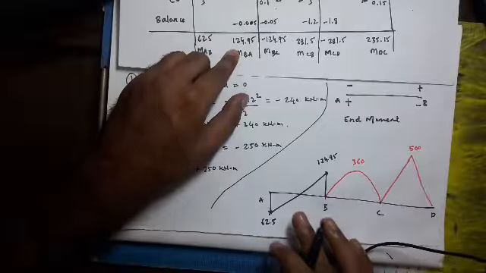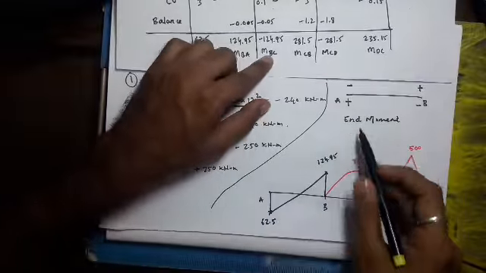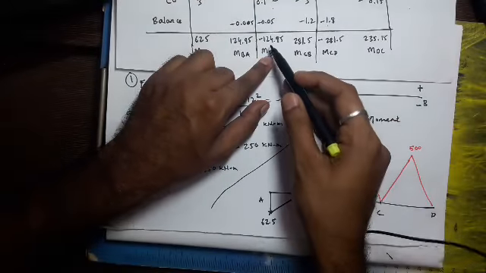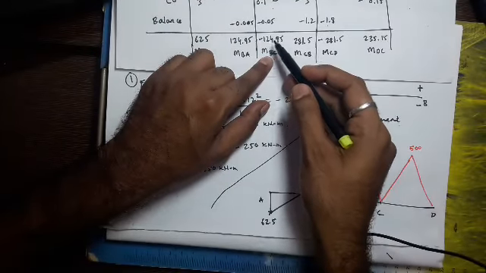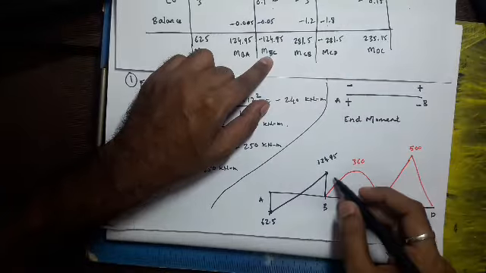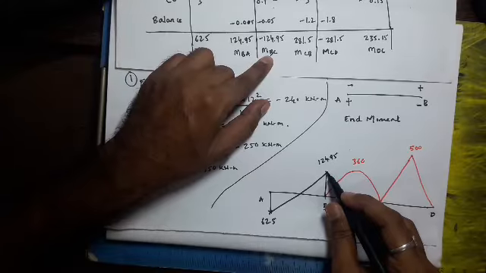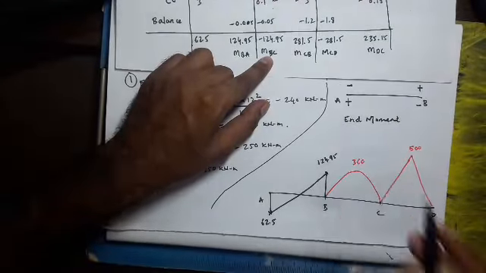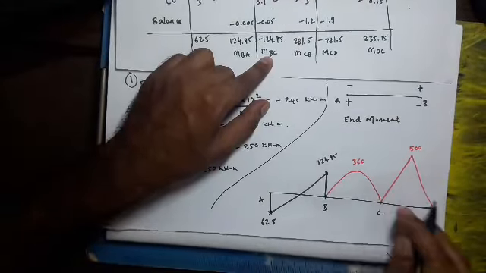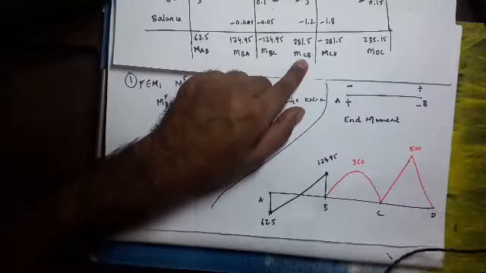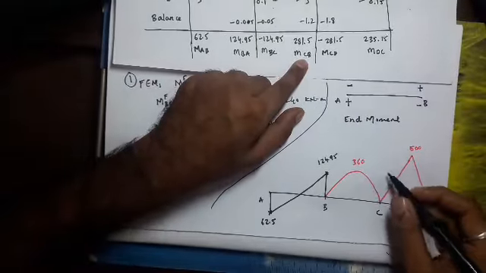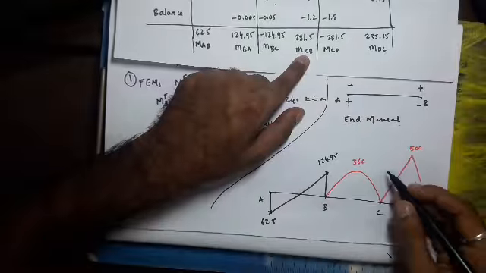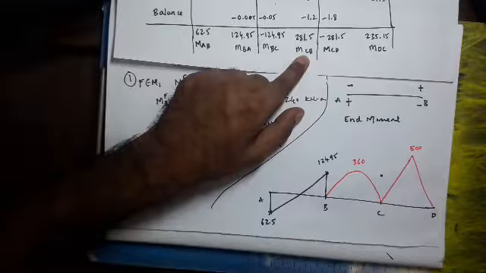Come to BC. You see, B is at left, negative moment will be above datum. MBC is negative, it will be above the datum, so it will be the same point. MCB will be positive, above the datum, so it will be here.